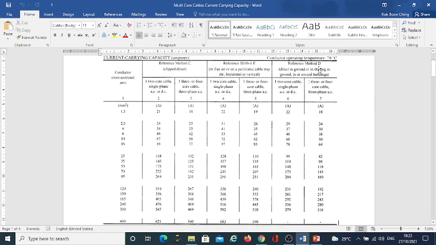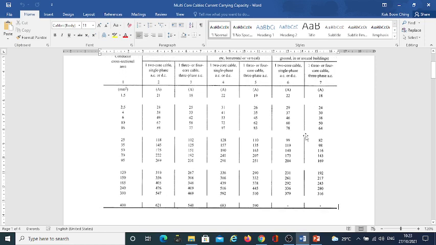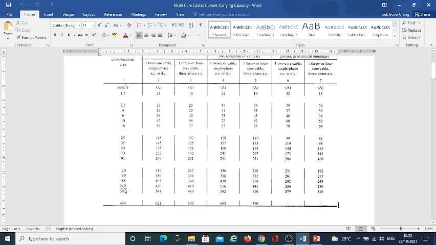Finally, of course, there is underground. If you lay your cable underground, the ampacity is much smaller, only 280, due to the grounding condition.